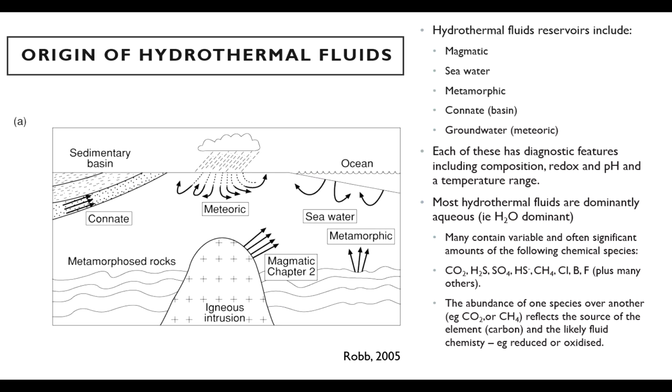The main types of hydrothermal fluid, where they come from, and where they originate from has a big controlling factor on their composition and nature, especially things like salinity, pH, and oxidation. And they're things that will influence how well they can carry metals, also when they might deposit metals.